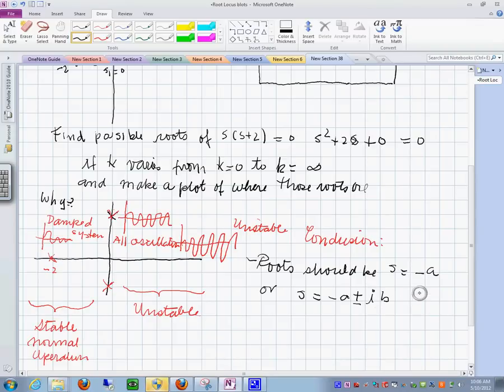So these are the kind of roots that we want for a normal operation of a system. If s is plus, or you end up with one on this side, forget it. I think your system will not be stable.